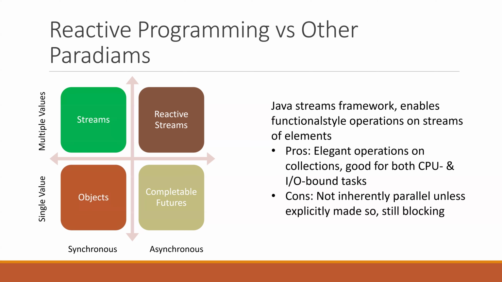All right, let's take a look at streams. You guys have been using Java streams. We've been kind of forcing you to in the assignments. It enables functional style operations in streams. So you guys have seen this before where we would use filter and things like that, right? It's very elegant operators.